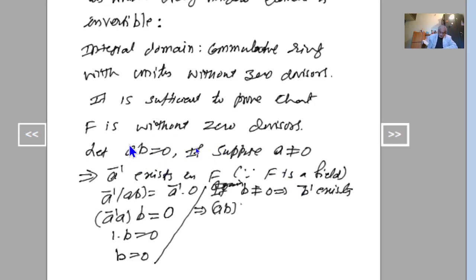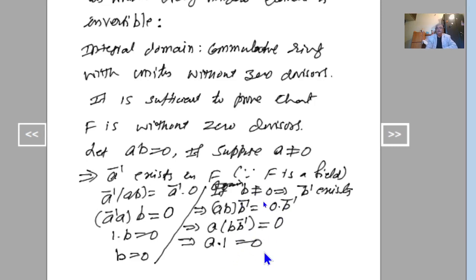AB into B inverse is equal to 0 into B inverse. So that is, this can be written by associative law as A into B B inverse equal to, we know that 0 into anything is 0. So this is equal to 0. So that is, this implies A into B B inverse is equal to A into 1, which is equal to A, is equal to 0.